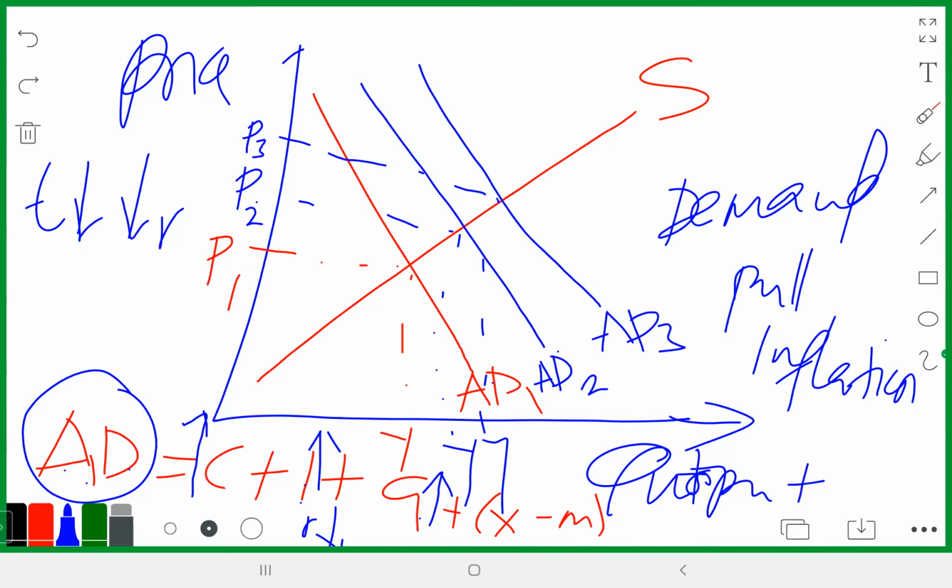Or if the government decides to increase their expenditure, then G will increase. If G increases, aggregate demand will also increase, holding other factors constant. If the government decides to give subsidies, especially export subsidies, we'll have more exports, and holding other factors constant, aggregate demand will increase. So all those adjustments lead to an increase in aggregate demand. Is that clear?